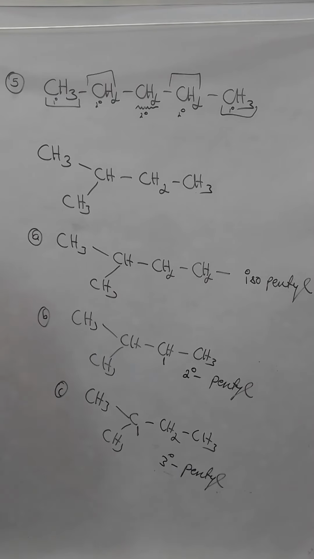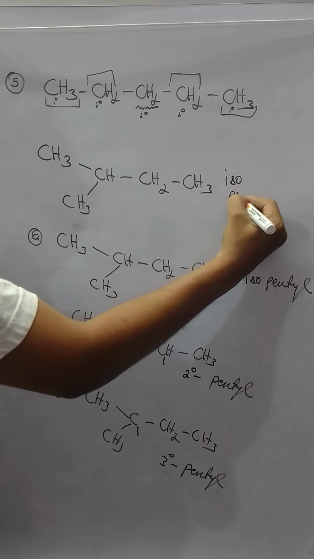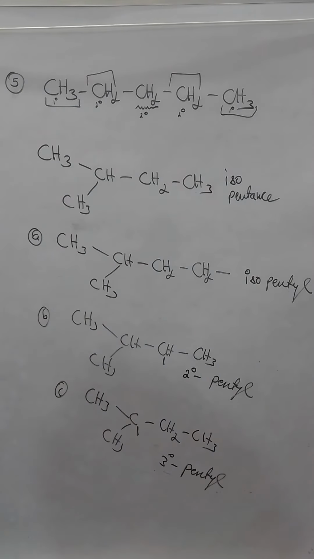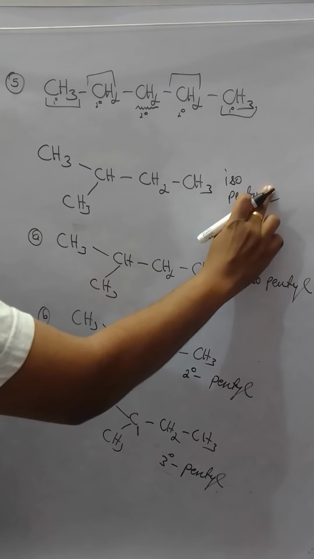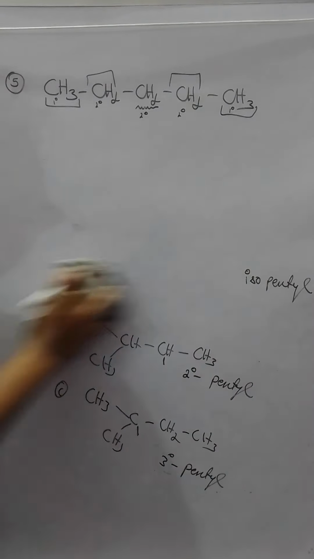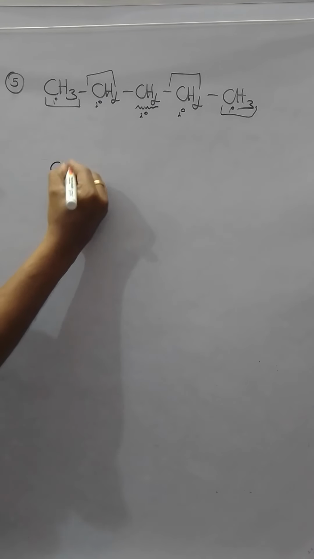Remember these 3 pentyl groups with respect to that of the isopentane. This is my isopentane. Okay. Now another isomer is possible with respect to that of pentane, and the structure looks something like this.